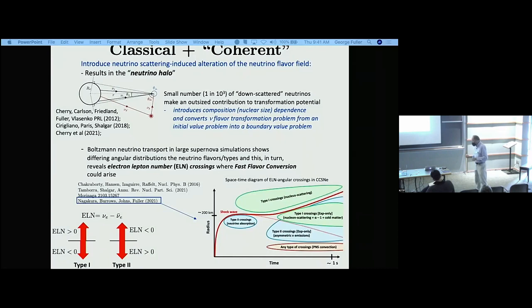The other part is that, of course, if you add non-standard interactions out here and enhance the scattering, then you'll increase this halo effect. I can imagine that shows up. You can look at these papers, where we calculate the alteration in the collective modes, and it's significant. There's another aspect to this, which was pointed out by John Cherry recently, which is that there's a time delay, a time of flight halo effect also.